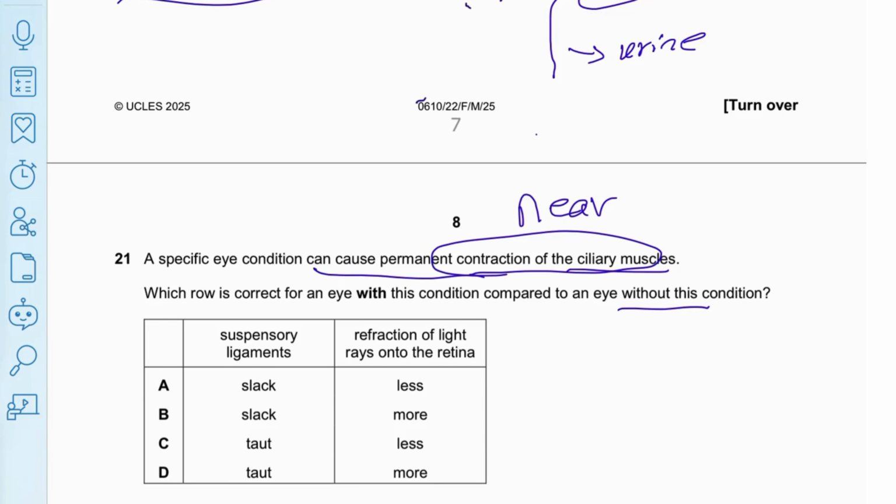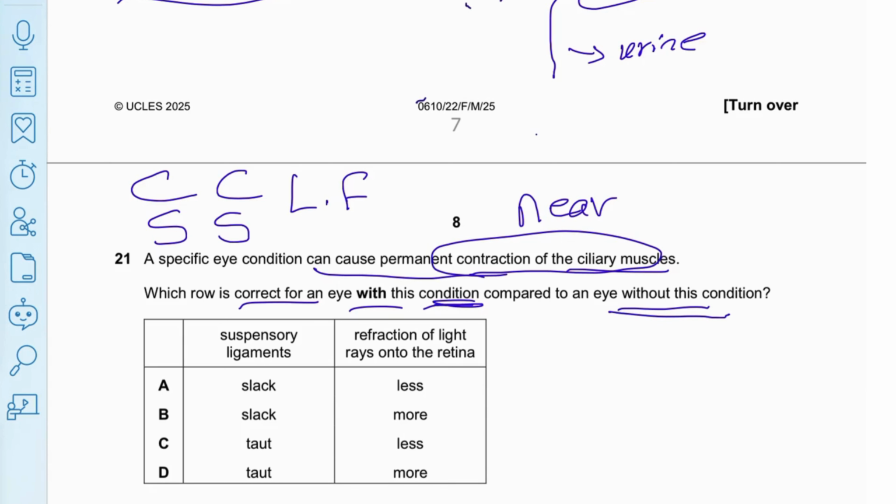So when you accommodate for a near object, ciliary contract, CC, suspensory ligament slack. So the lens becomes fatter or thicker, CCSSLF.